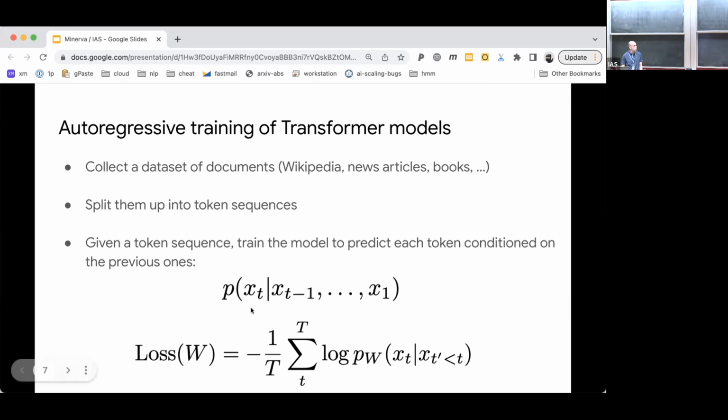People are working on ways of relaxing this a bit, because it's inefficient in the sense that we can't really parallelize sampling lots of tokens. We really have to do it one by one, which makes sampling pretty slow from these models.